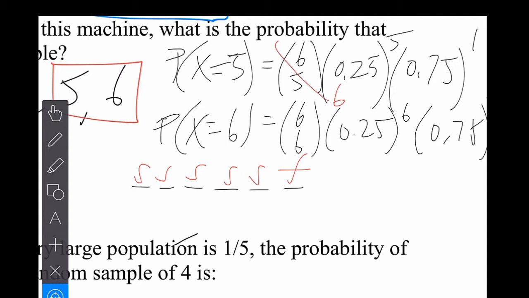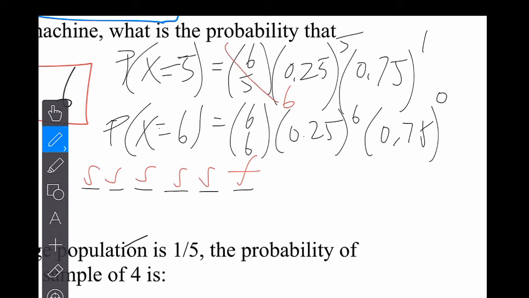And then basically multiply that through. And then the same thing below, this will reduce to 6 choose 6. It's always 1. There's only one way of seeing 6 successes. There's only one way to see this.